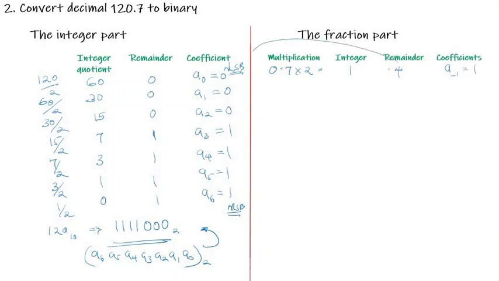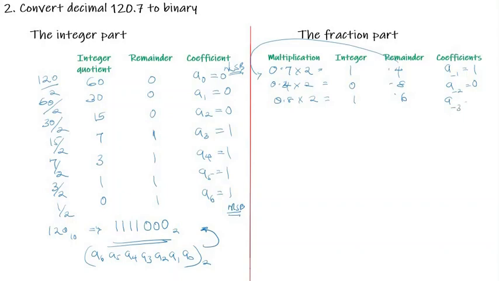Then I bring this remainder here and repeat the same multiplication. 0.4 multiplied by 2 gives me 0.8, and I get the coefficient a-2 as 0. 0.8 multiplied by 2 gives me 1.6, so the integer is 1, while the remainder is 0.6.